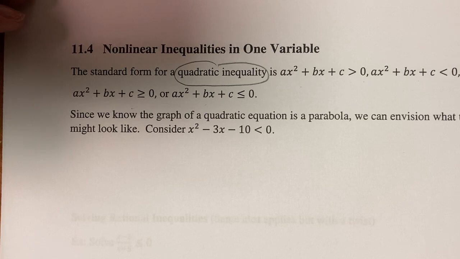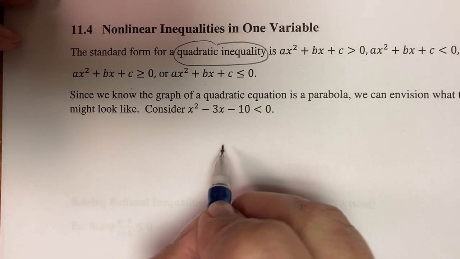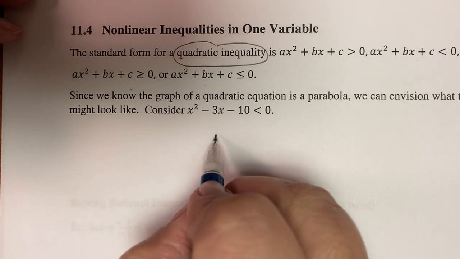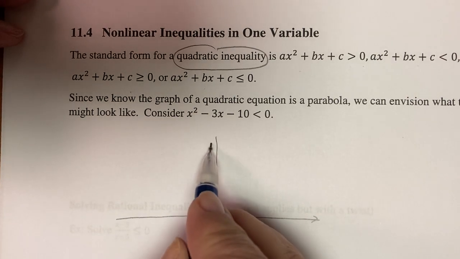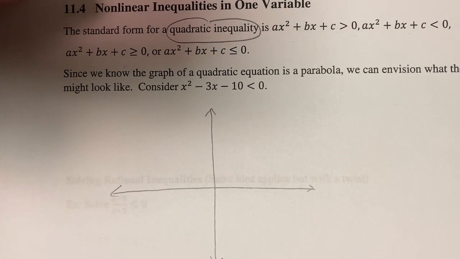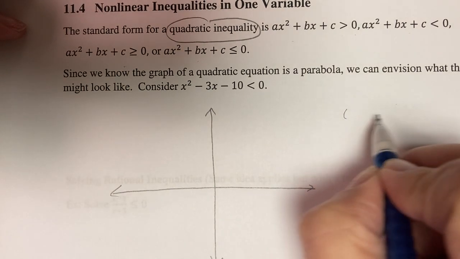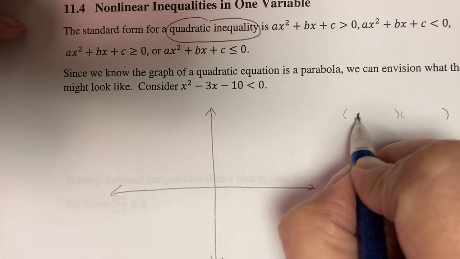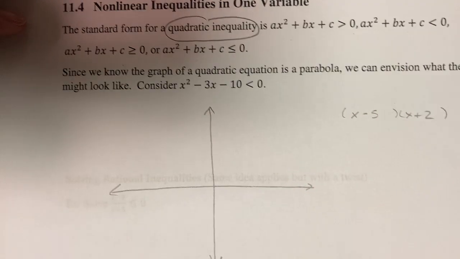Okay, since we know the graph of a quadratic equation is a parabola, we can envision what the solution might look like. So if we were to graph this parabola, now, we're going to spend a lot of time graphing parabolas in a couple of sections, but just really quickly to help me graph, if I were to factor that, it would factor into x minus 5, x plus 2.